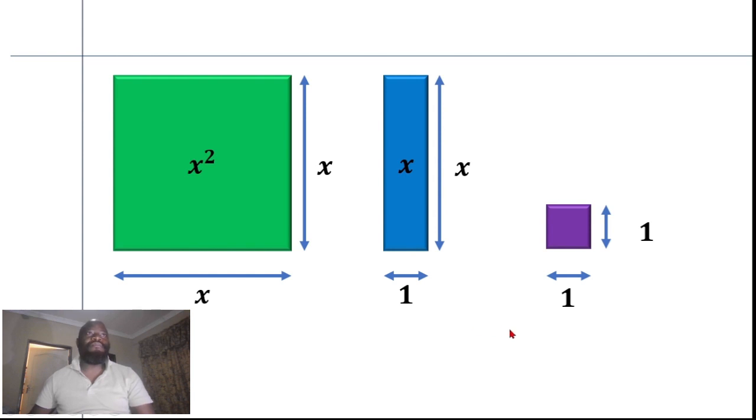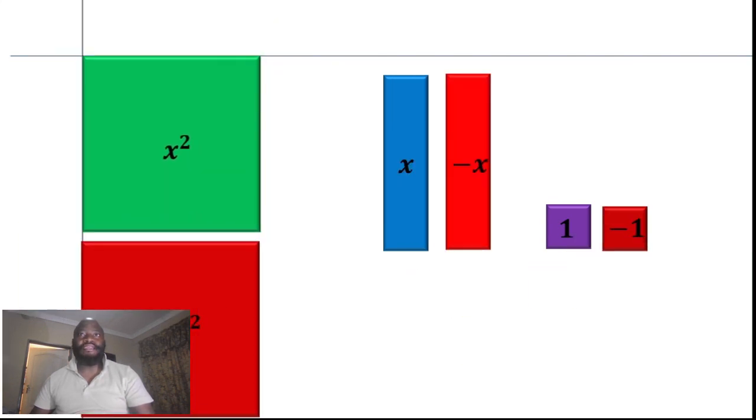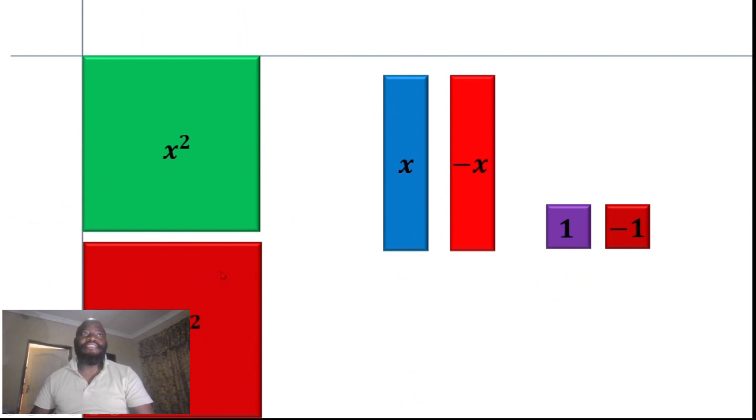Okay. Now, since we've defined the positive terms x squared, x, and 1, we can also define their negatives. I've decided to use red as the negatives of each of these things.